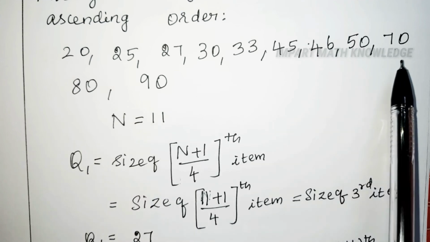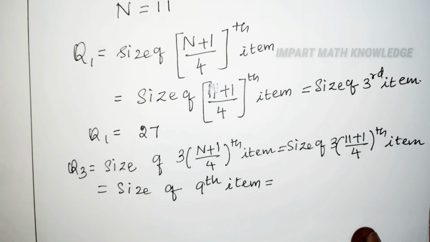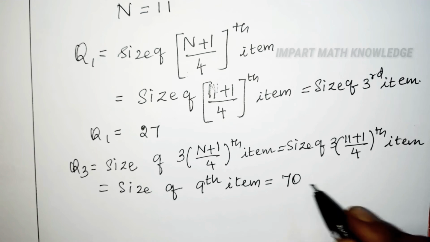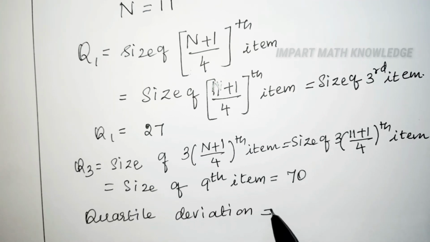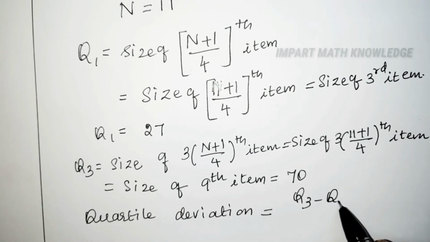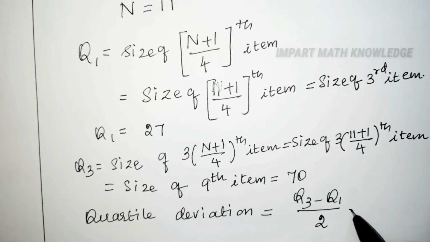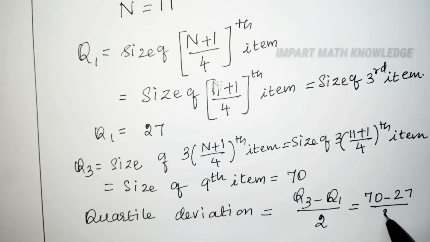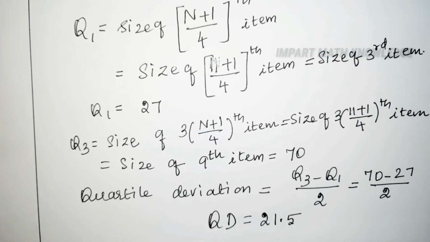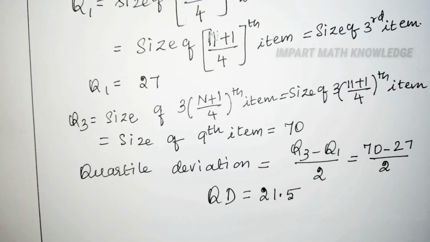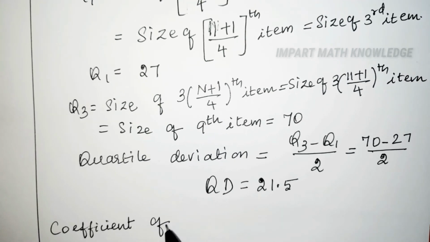Here the ninth item is 70. So Q3 is equal to 70. Quartile deviation is equal to Q3 minus Q1 divided by 2. That is 70 minus 27 divided by 2. The quartile deviation is 21.5.